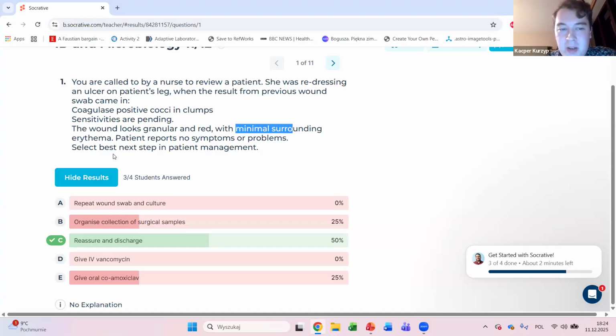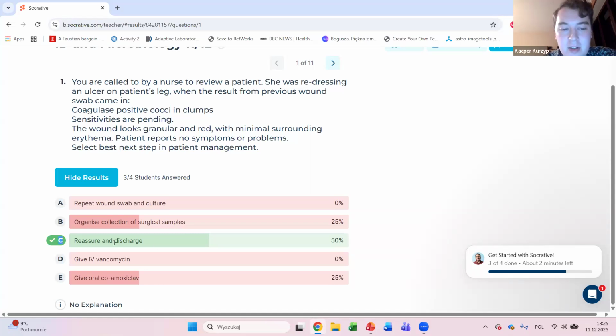And surrounding erythema is minimal, as with a healing wound you will expect some inflammation, but it shouldn't be overwhelming. And of note, the patient has no symptoms and no problems. Therefore, if you think about it, it's actually an ulcer on a patient's leg that's healing just fine.